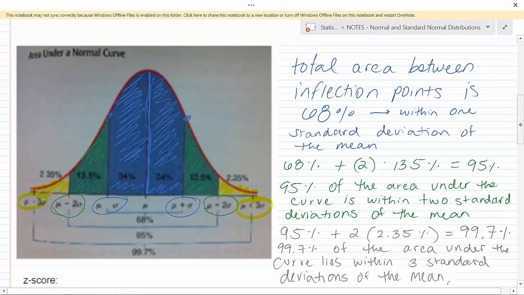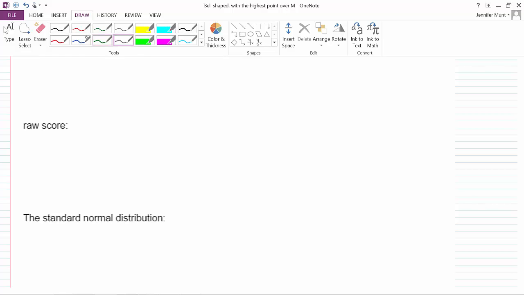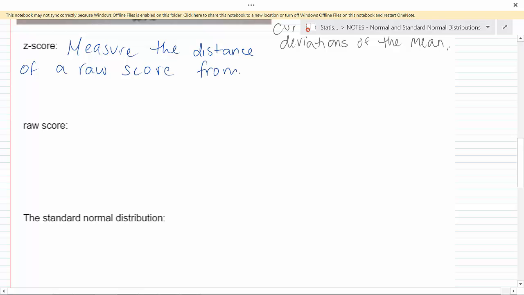Now we've talked about z-scores before. Z-scores are a way to measure how far a raw score is from the mean. So z-scores measure the distance of a raw score, that's just a regular data value, from the mean in units of standard deviation.